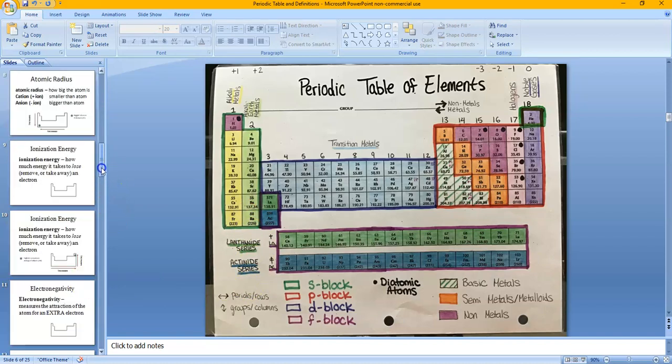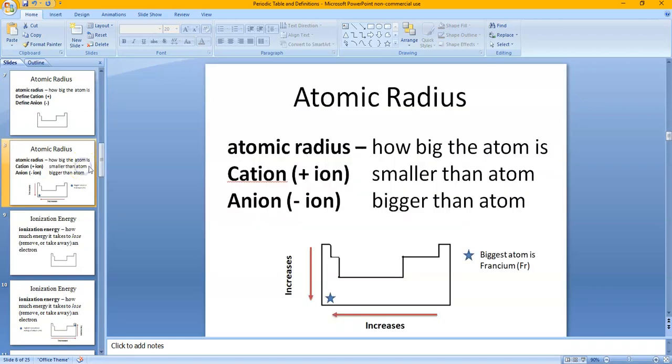The first trend we're going to talk about is atomic radius. So atomic radius is how big an atom is. It's the distance from the nucleus to the outermost electron. And there are two different things that affect the atomic radius. When you make a cation or an anion, which is just another word for positive or negative ions. Ions are when you lose or gain electrons. And so if you gain an electron, you're going to become bigger.